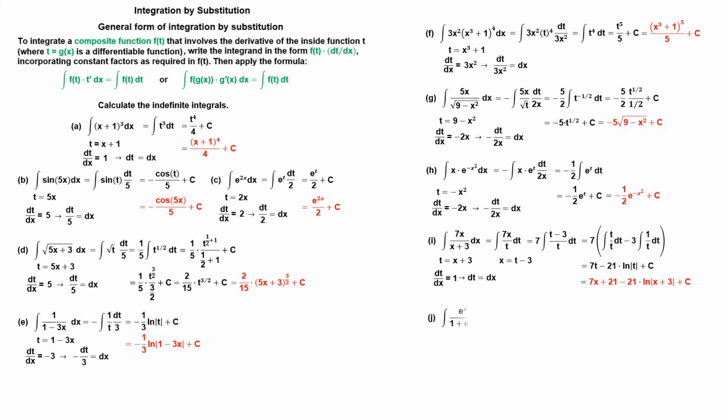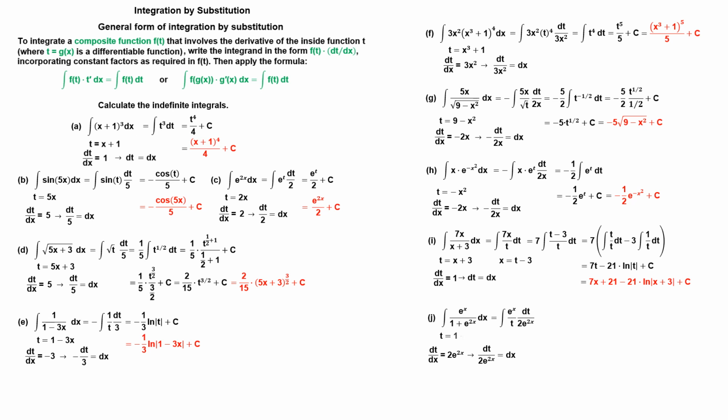In this example, let t equal the denominator expression, and the derivative of t is 2 times the exponential. So let's continue with the substitution. Well, as we can see, we get a big mess because we have a mixture of two variables in the integrand, and there is no way to avoid it. We cannot eliminate the remaining x from our integral.